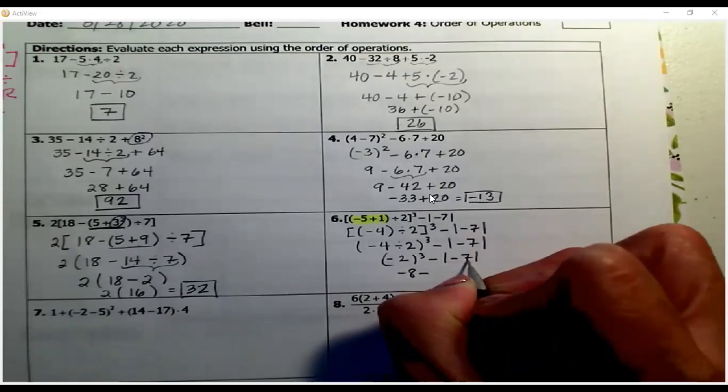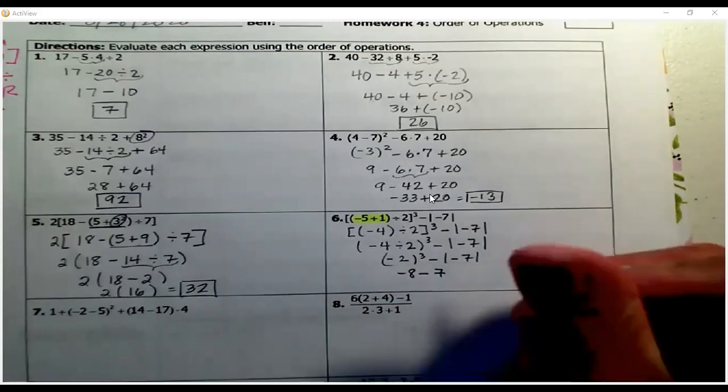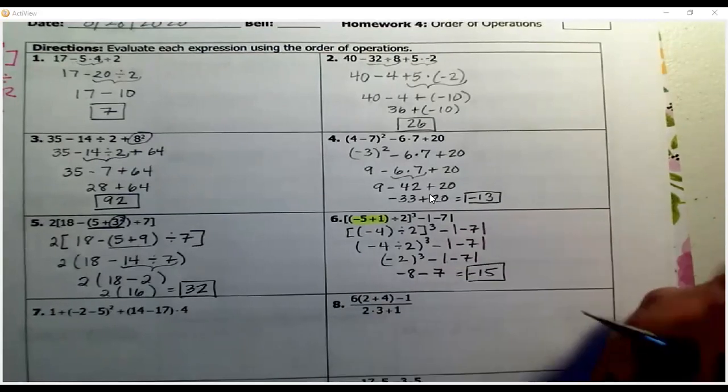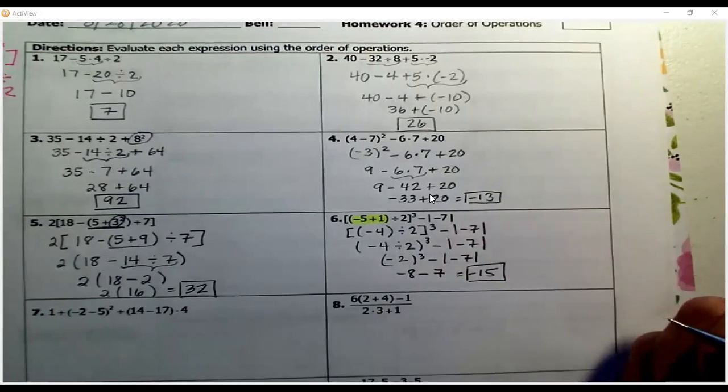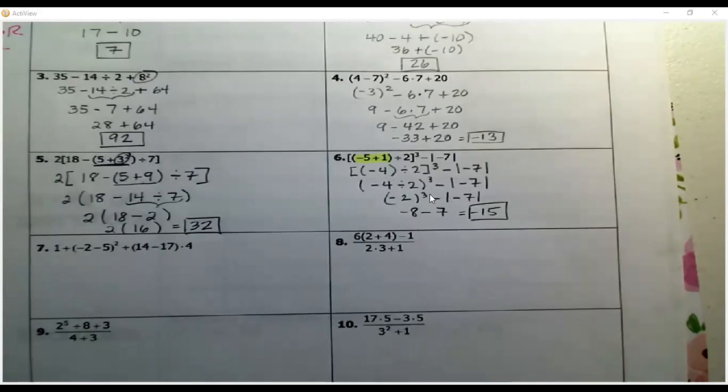Absolute value of -7 is just 7. So -8 minus 7 is going to be -15. Any questions on number 6?